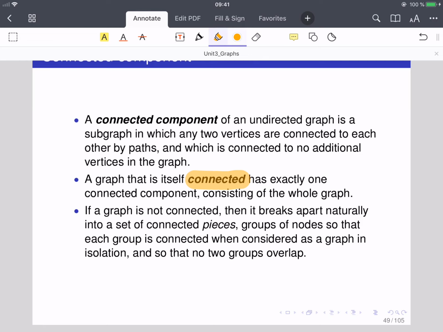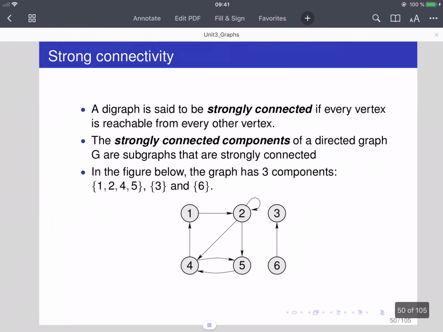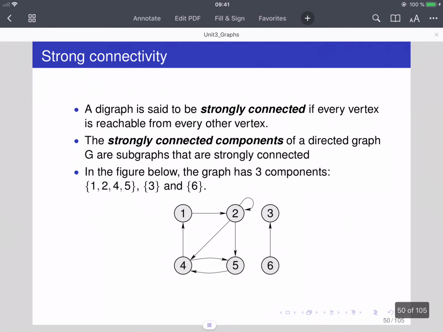Okay, this idea of the connected components applies when we have an equivalence relationship, and for that we need the reachability relationship to be symmetric. So this applies to graphs that are not directed. In the case of graphs that are directed, we have a different notion, what we call strong connectivity.